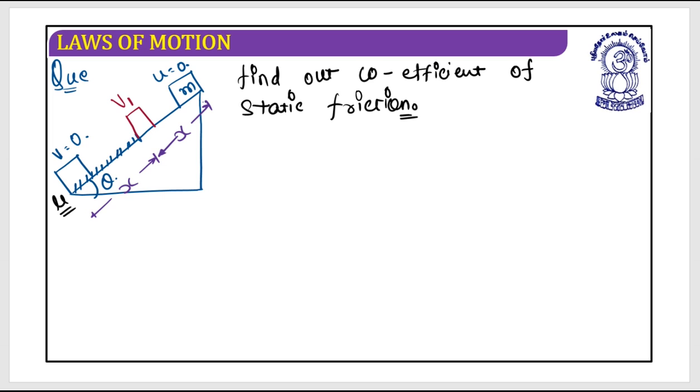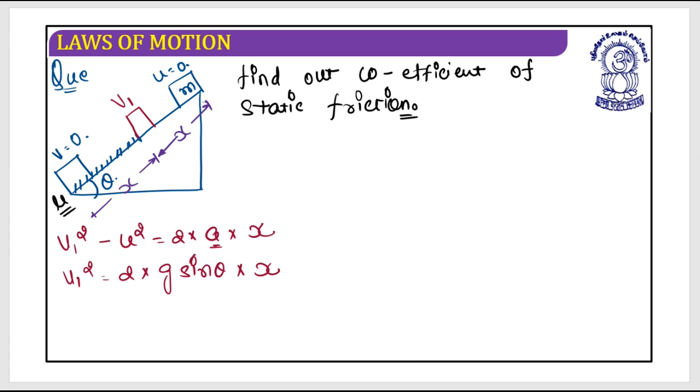So I can write V1 square minus U square is equal to 2 into a into x, and because U is 0, V1 square is equal to 2 multiplied by a, which could be written as g sine theta. Do you remember this? Yes, it is the smooth patch. So it's 2 into g sine theta multiplied by x. This is V1 square.